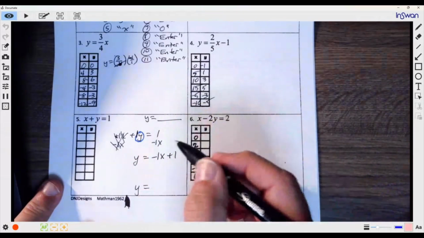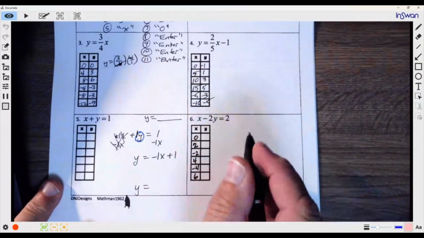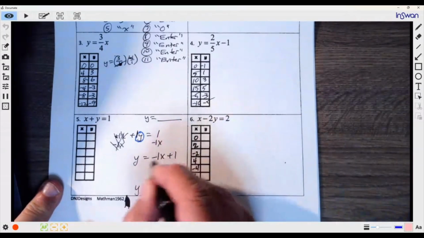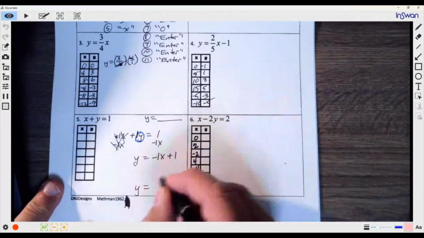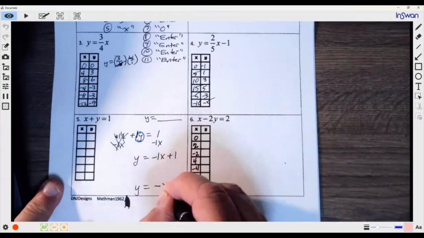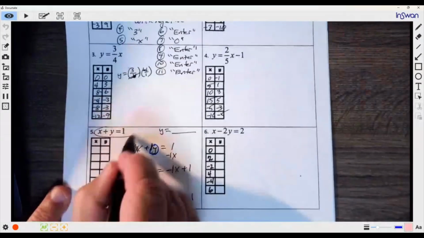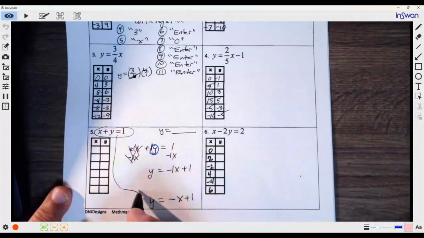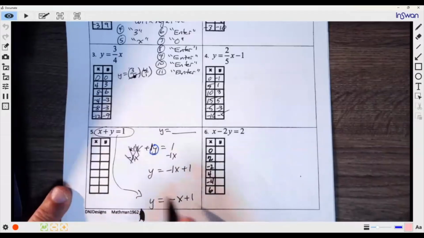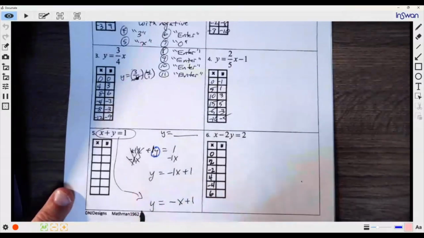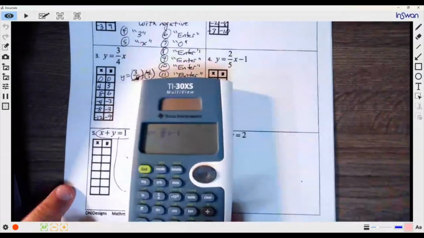You'll see why that's so important in about a week. And we typically don't need to write the 1 in front of a variable, so this is negative x plus 1. So we took this equation and we transformed it into this equation that is the same thing, just written in a slightly different form. But this can be put in to our table.